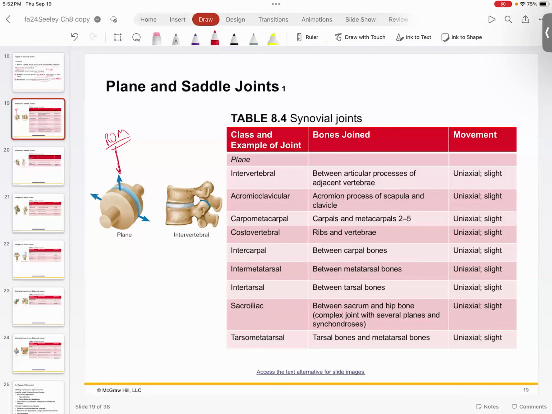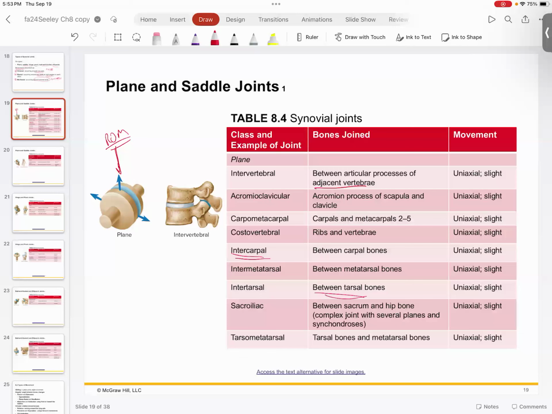A good example of that is the articular processes of adjacent vertebrae. Those will kind of slide back and forth very slightly in a uniaxial sort of way. Carpals, for instance, will move in this fashion. So those are a plane type of joint, the intercarpal movements, the tarsal movements, the intertarsal movements.